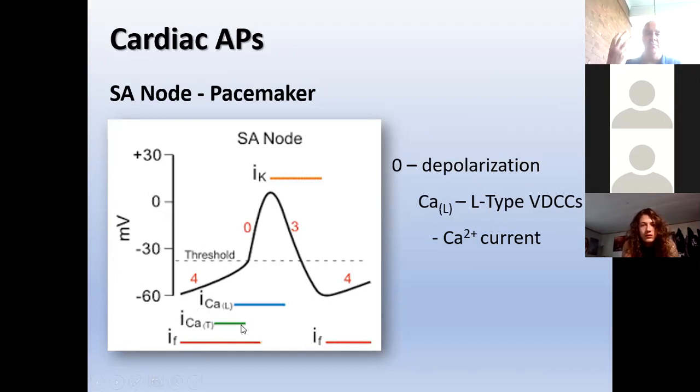So there are 3 different types of calcium channels: N-type, T-type, and L-type. The N-type is neuronal. So when we talked about calcium coming in the axon bulb during depolarization, the calcium that causes the vesicles to fuse and release neurotransmitter, that's the N-type calcium channel.